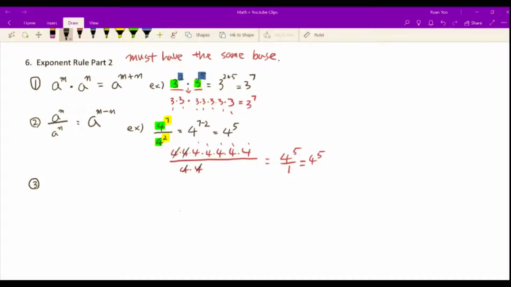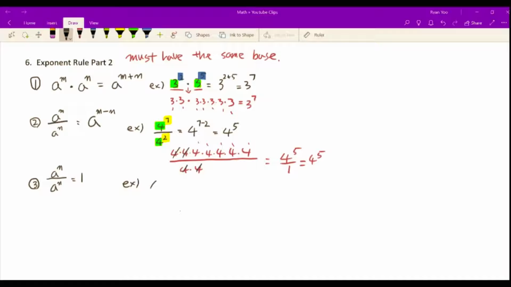All right. The third one that we learn is actually coming from number 2. So if I have a to the nth power divided by a to the nth power, it becomes 1. Well, you guys remember same thing over same thing always cancels out, becomes 1. But the reason is this. So for example, let's use a variable.